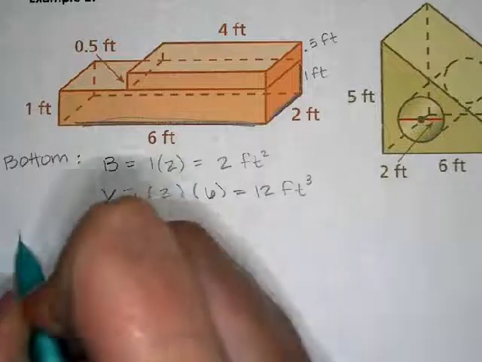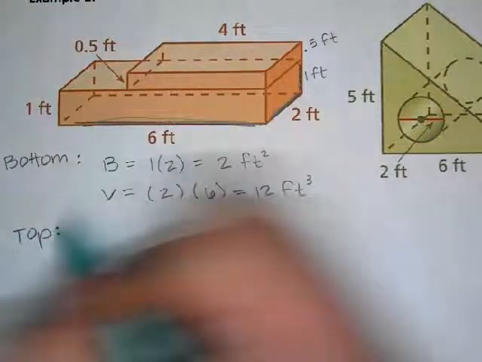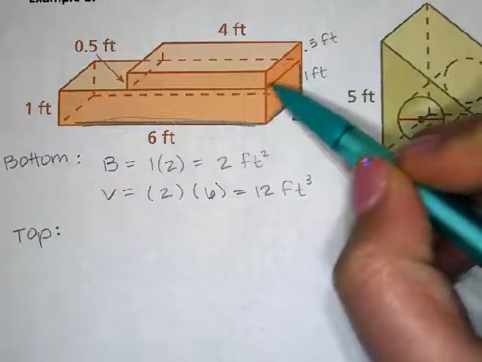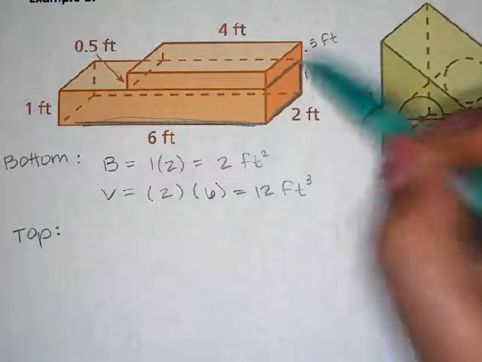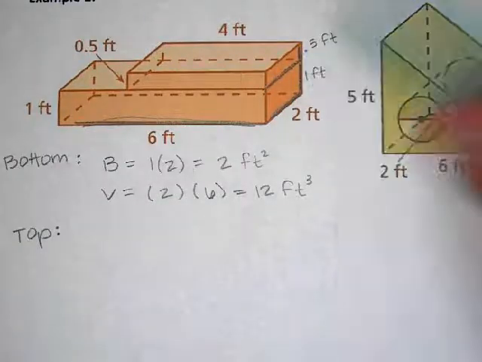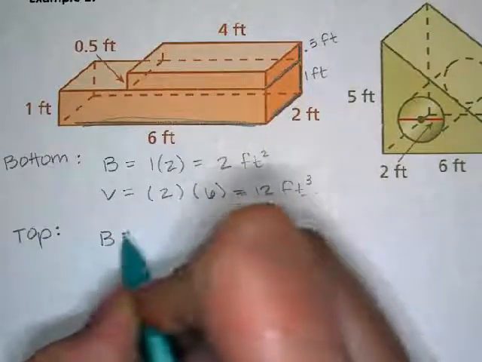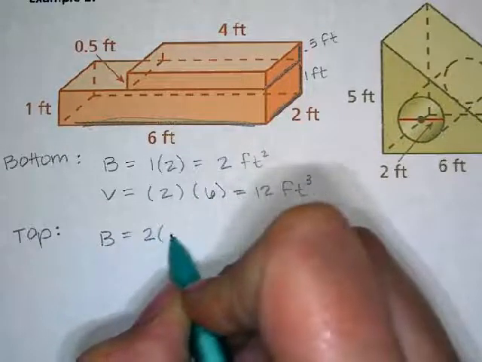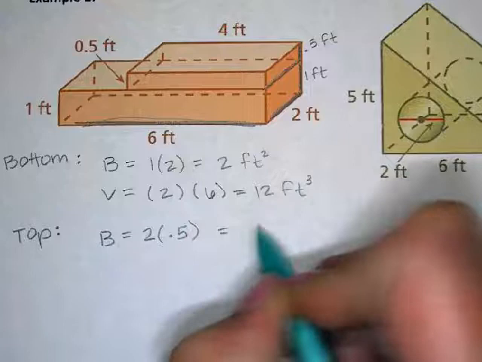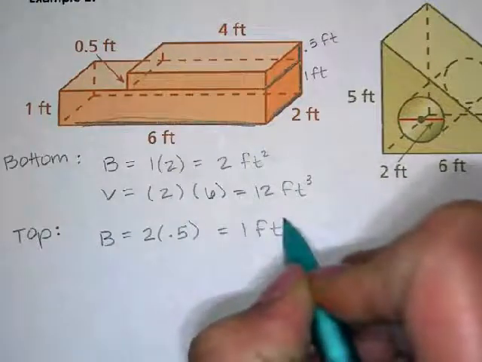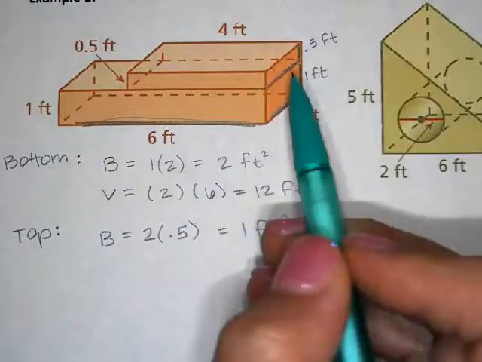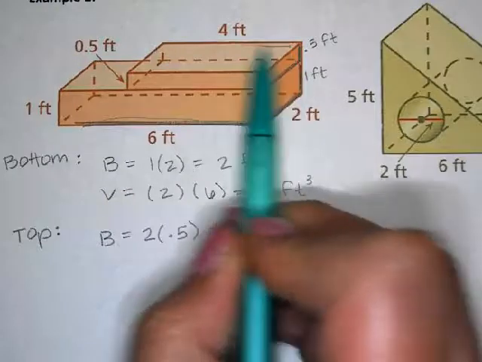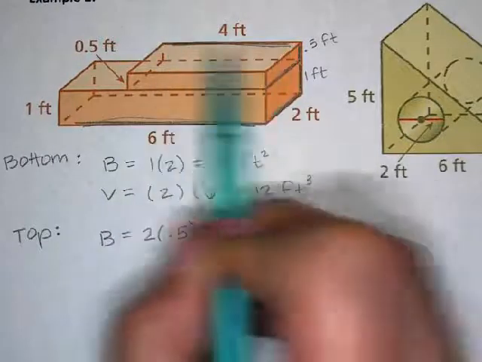And then for the top shape, I have 2 feet multiplied by 0.5 feet. So the area of the base is going to be 2 feet multiplied by 0.5 feet, which is 1 square foot. And then it looks like the height of this prism is 4 feet.